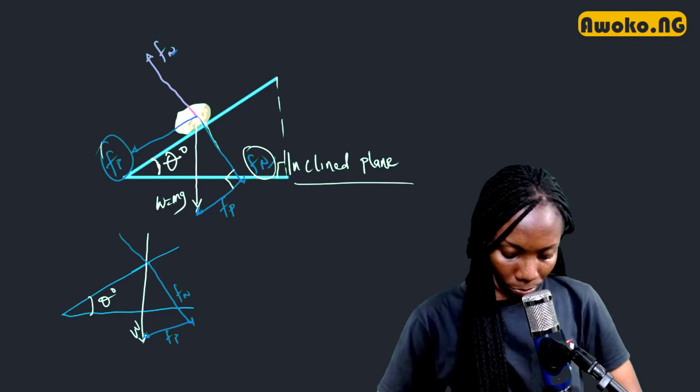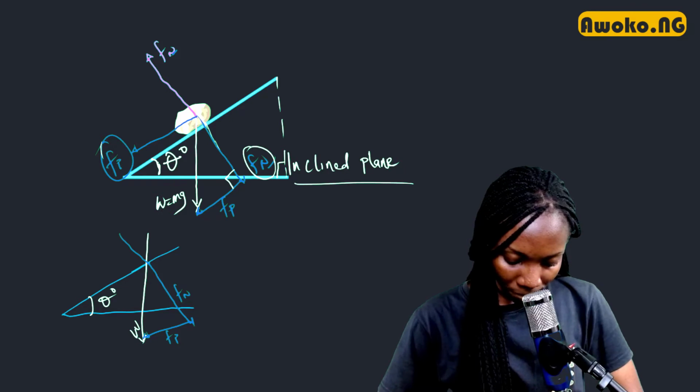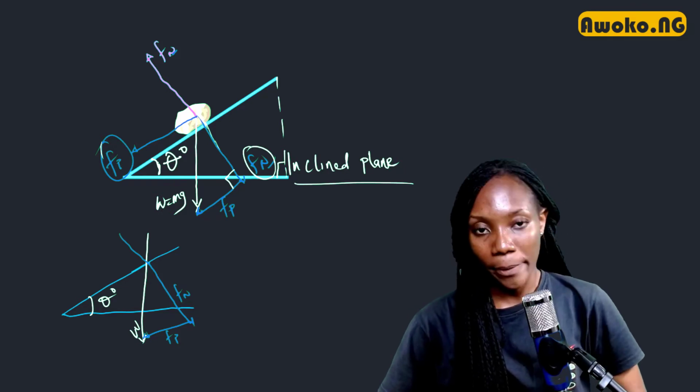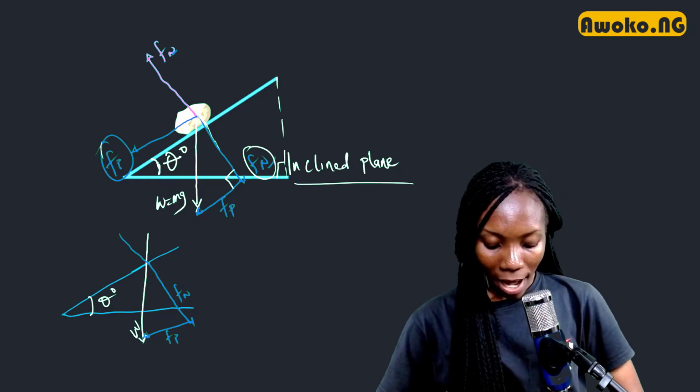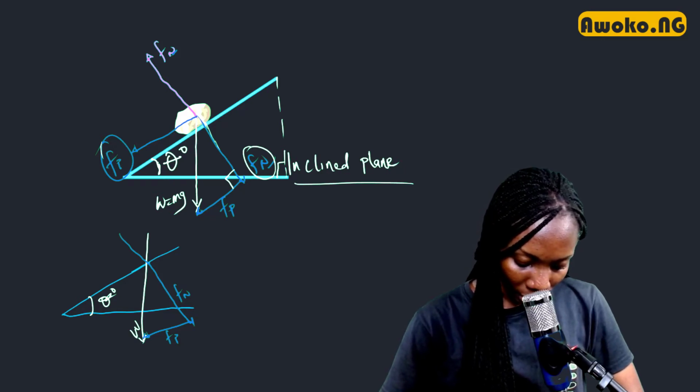Now what do we see here? All right, now let's assume that theta here is 30 degrees. So let us erase it here and put 30 degrees.